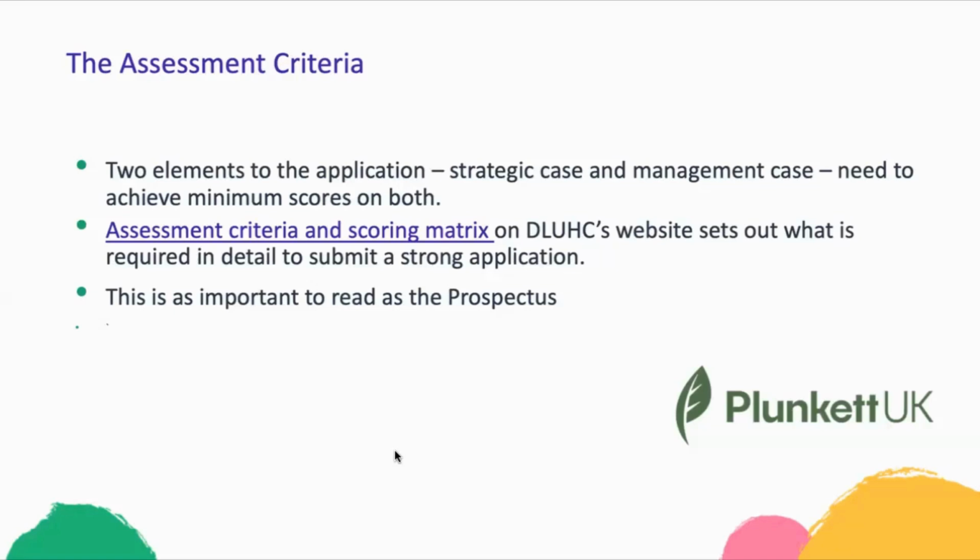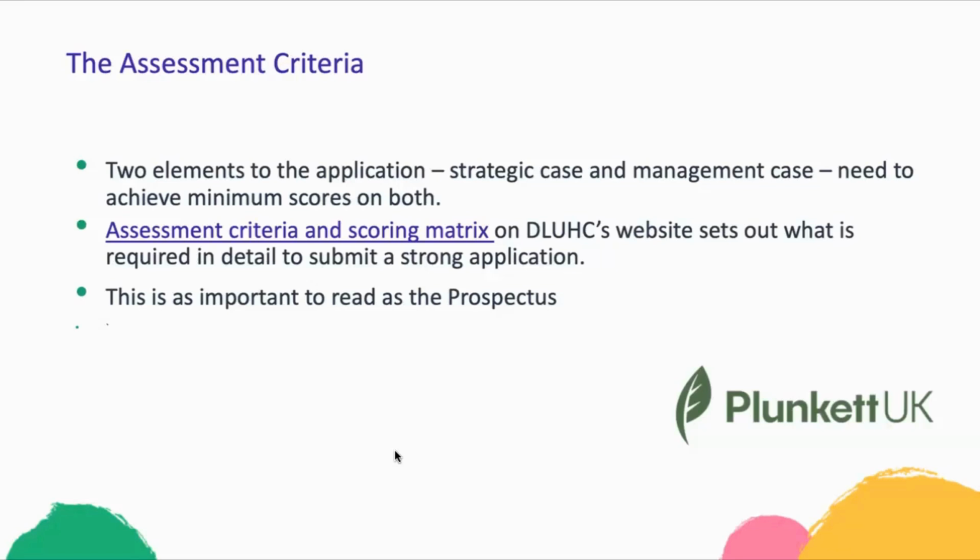And that possibly means that more groups will tick all the boxes in terms of the assessment criteria and the scoring matrix. And if there are too many that apply, and the government have to make decisions over who's going to get the money, then it's meant to be down to Michael Gove to make that decision.